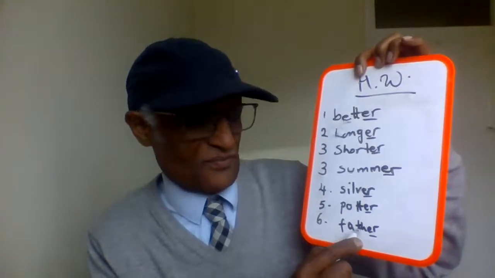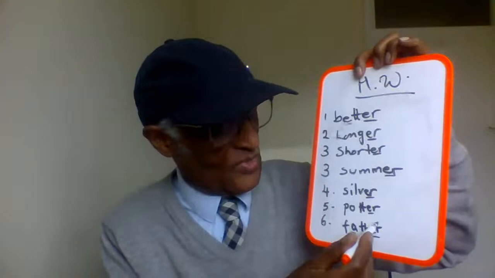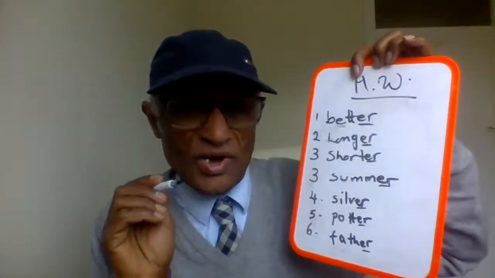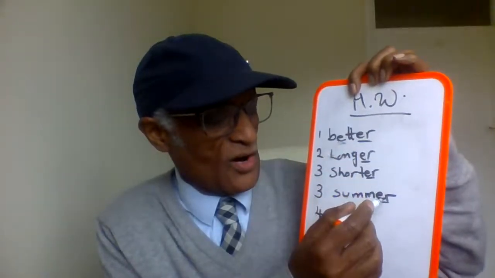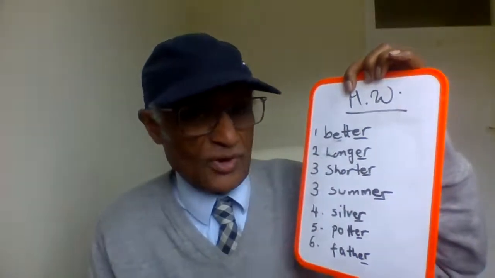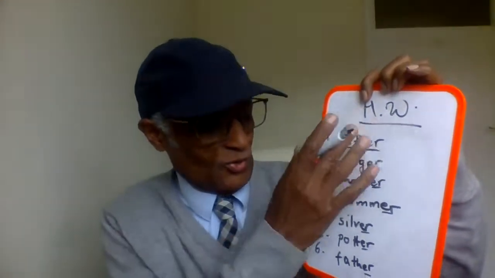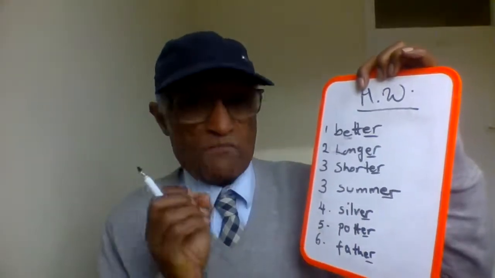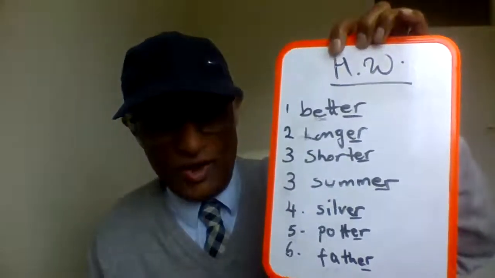Father. Okay, and so on. So all these sounds are weak and the R's are not pronounced in English. So you check those words in the dictionary and practice the pronunciation, and that will help you.